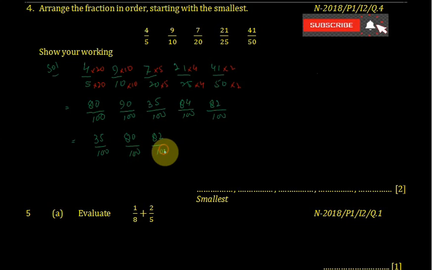They are quite close to each other. Then 84 upon 100, and finally 90 upon 100.